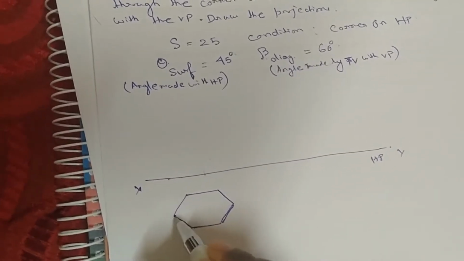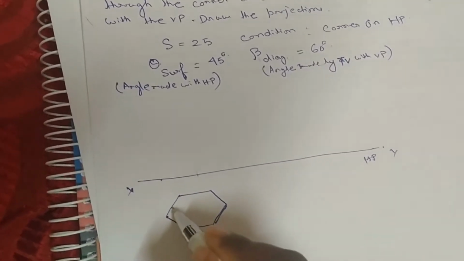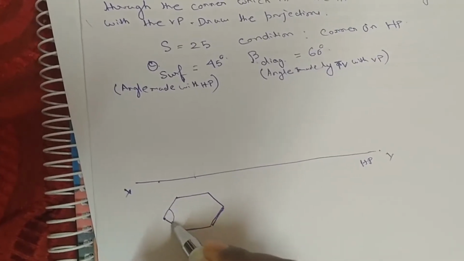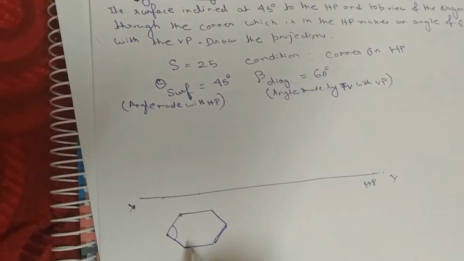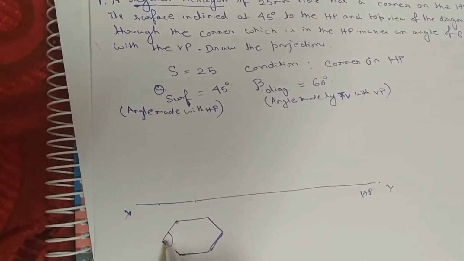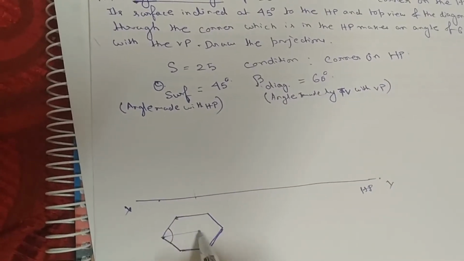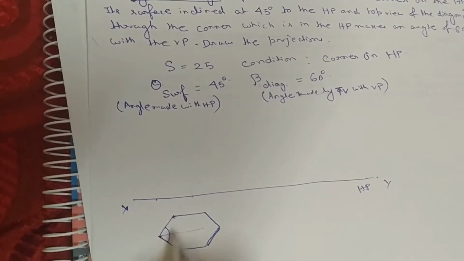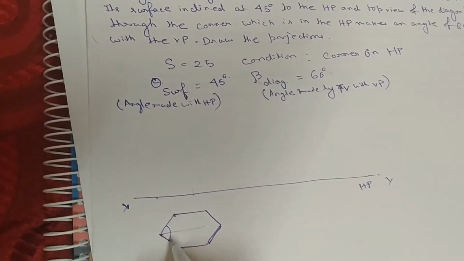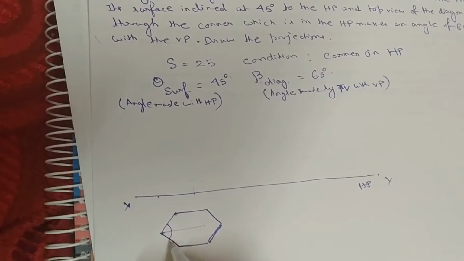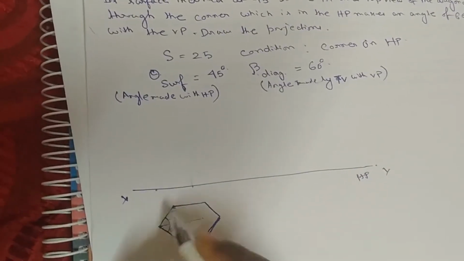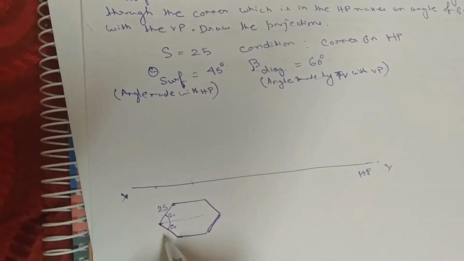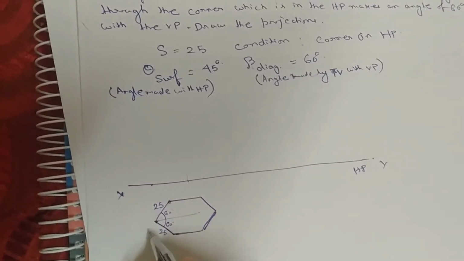First we will draw one point, and we know the internal angle of a hexagon is 120 degrees. So from this point we will make 60 degrees here and 60 degrees here, and we will place our 25 millimeter on both sides.